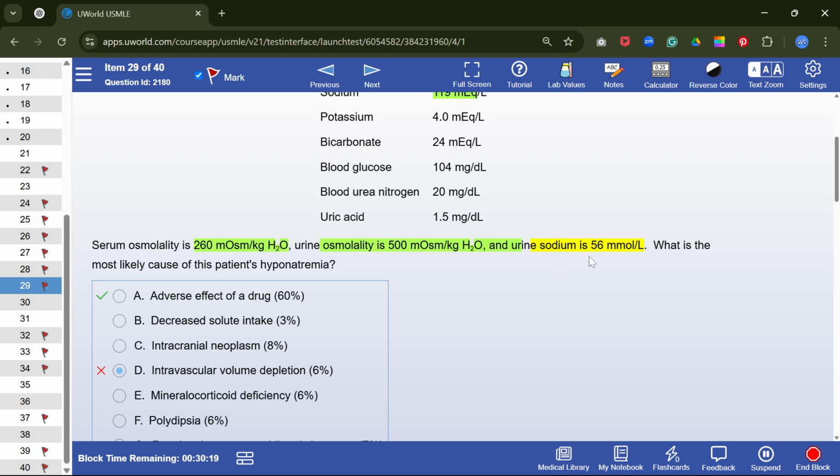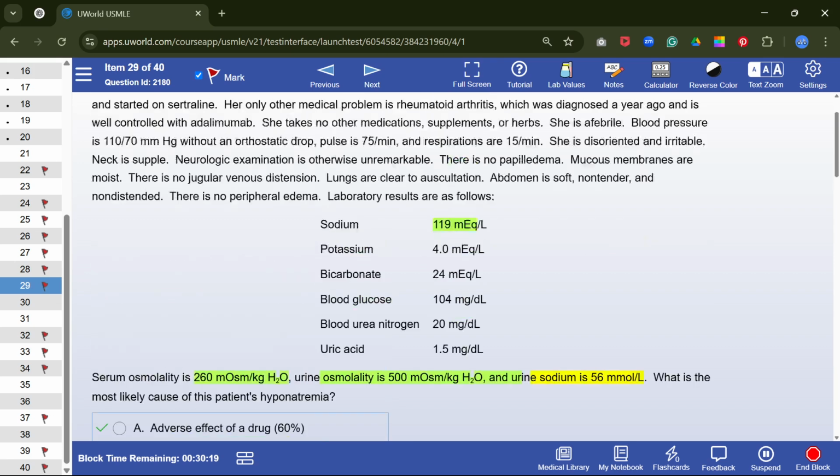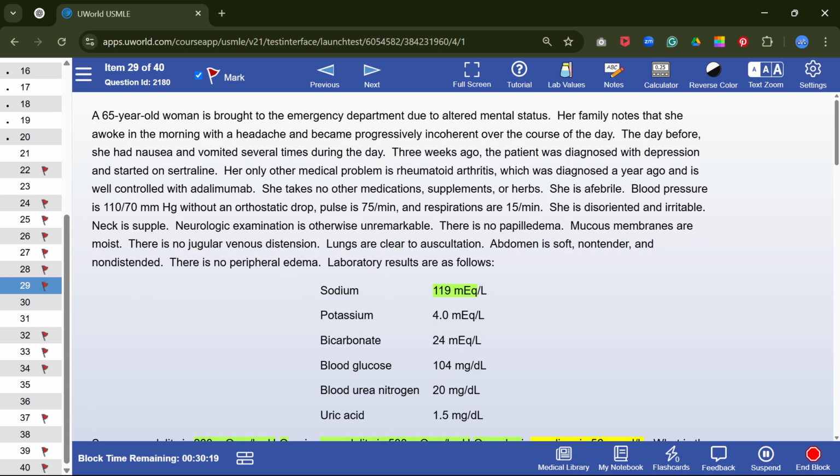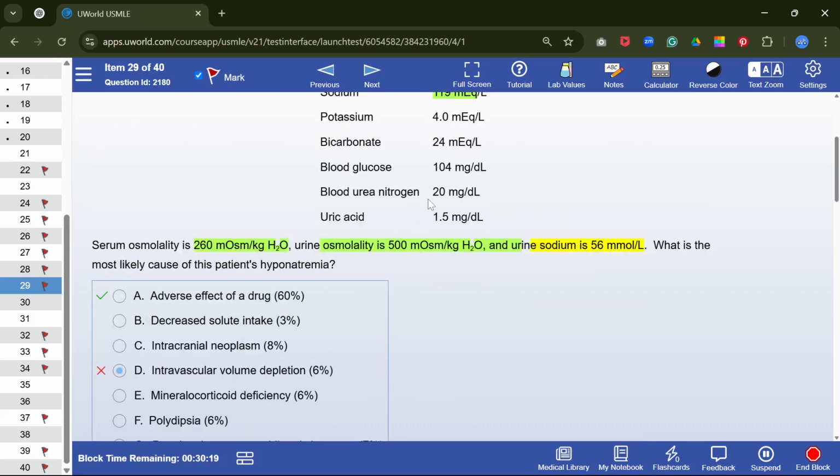If urine sodium is lower, like less than 25, then there is volume depletion, congestive heart failure, and cirrhosis. Okay, so it is SIADH, an adverse effect of a drug, and in here there is a drug history present, which is causing this: sertraline. Sertraline is an SSRI, so it can cause SIADH.